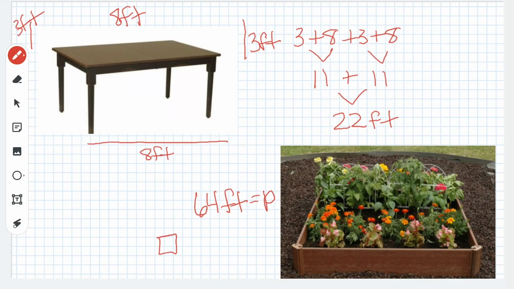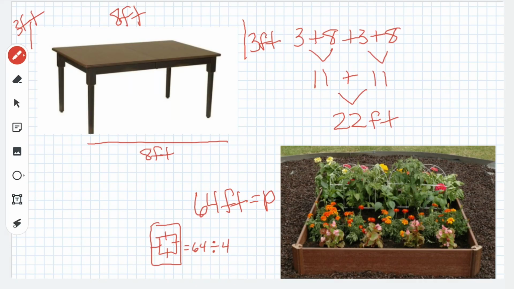Since a square has 4 equal sides, I know that they're going to have the same measure. If the total is equal to 64, that means that I could take 64 total feet and divide it by the amount of sides in the square, which is 4.